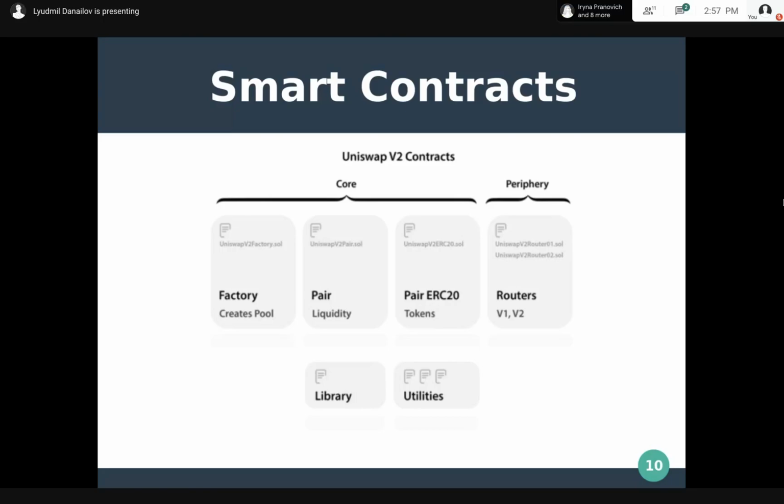The factory holds a generic bytecode responsible for powering pairs. Its primary job is to create one and only one smart contract per unique token pair. It also contains logic to turn on the protocol charge. Pairs have two primary purposes: serving as automated market makers and keeping track of pool token balances.